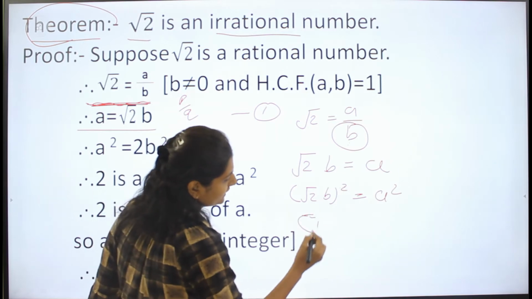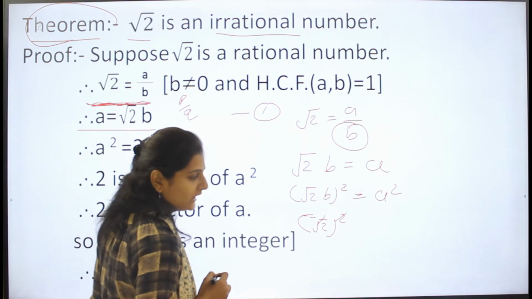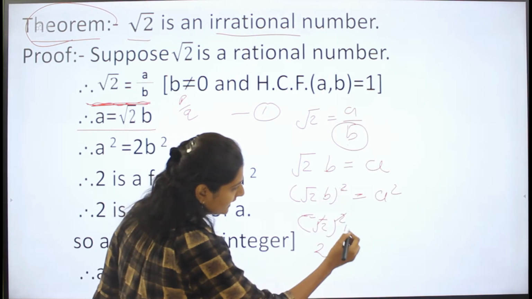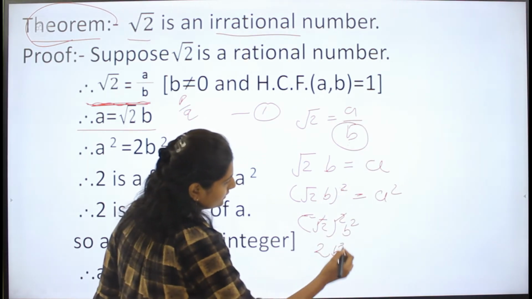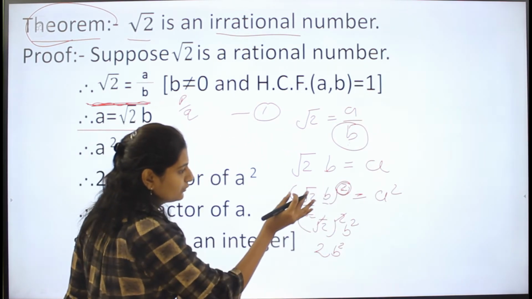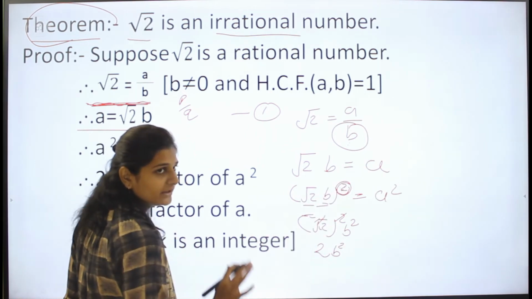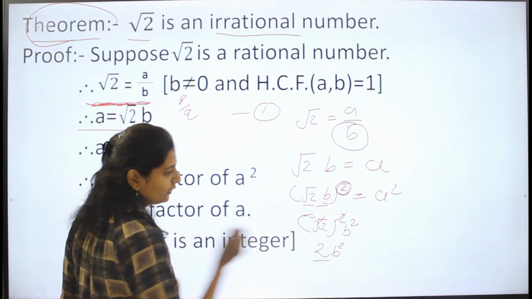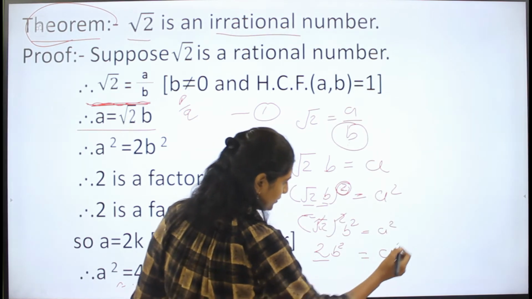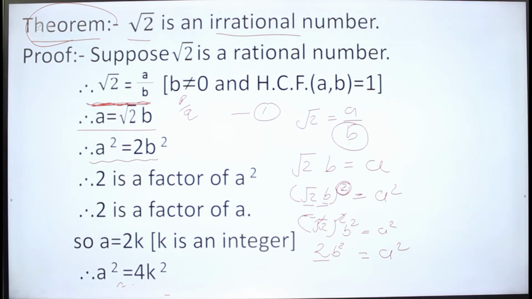Whenever you give square to root 2, the square and square root cancel, so you will only be left with 2, and if you give square to B, you will get B square. And that will be equal to A square. So that we have written over here: A square is equal to 2B square.